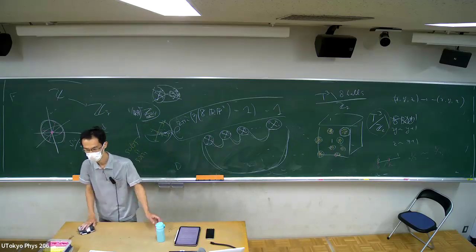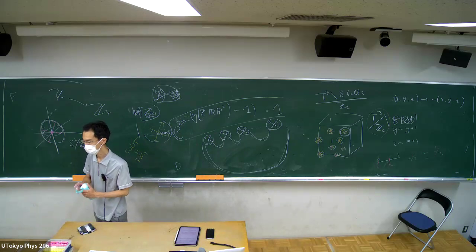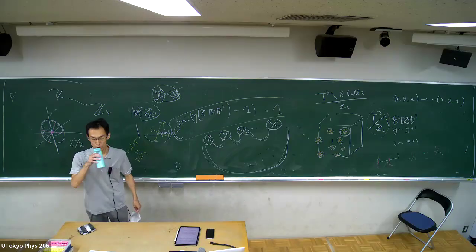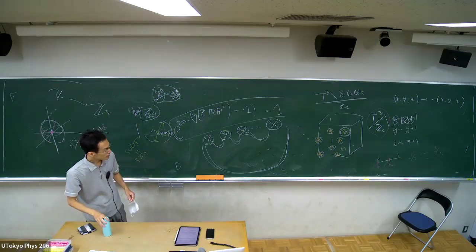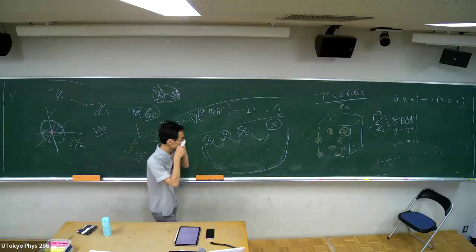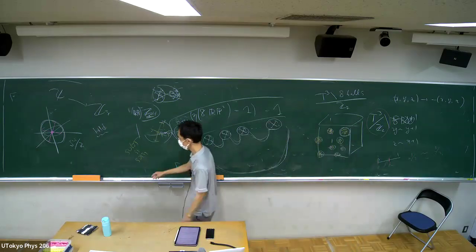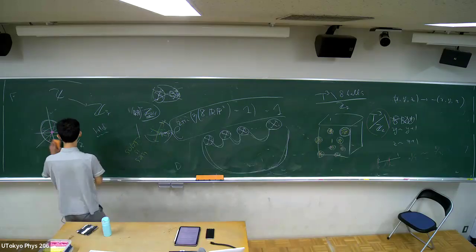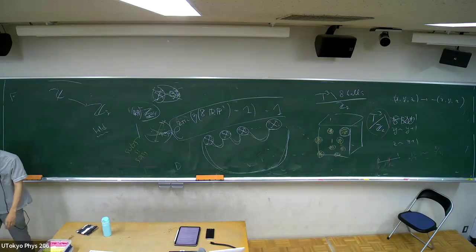Any more questions? Yes. Does this argument work for arbitrary dimensions? It can be done in arbitrary dimensions. I'm confused about whether this 8 is somehow related to the reduction.